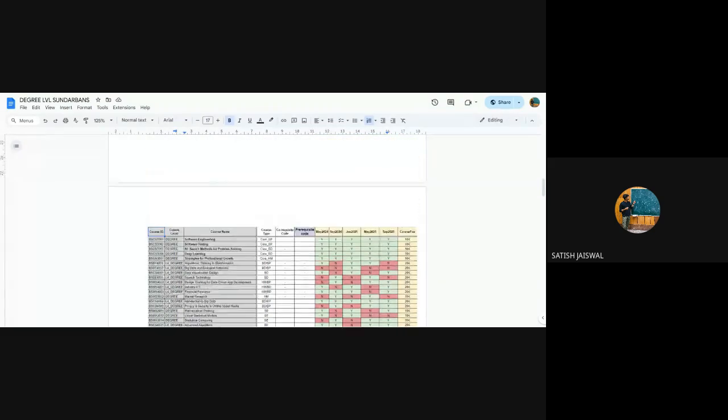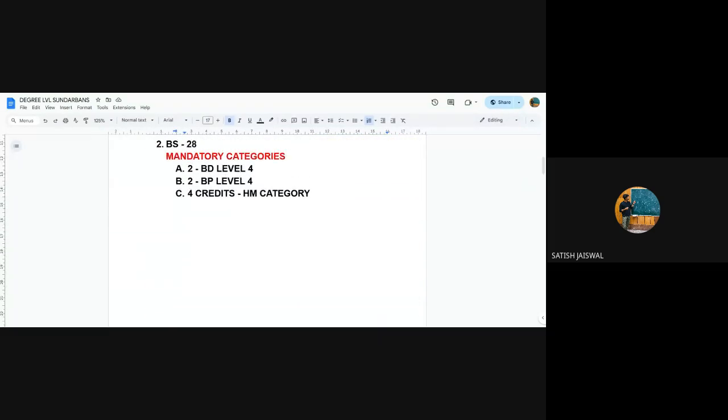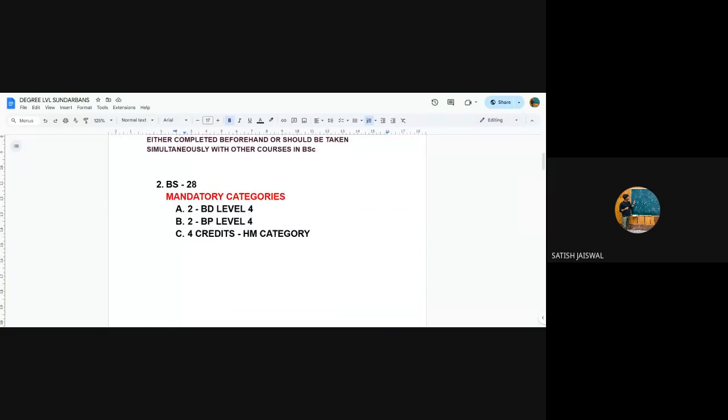So the rule mentioned here in the BS level while crediting your requirements is you should take 2 BD level 4 courses and 2 BP level 4 courses. This is the rule. And 4 credits should be taken from the HM category. HM is basically the humanities department category. So we'll be talking about this.